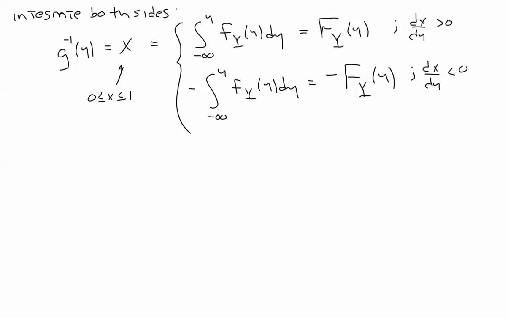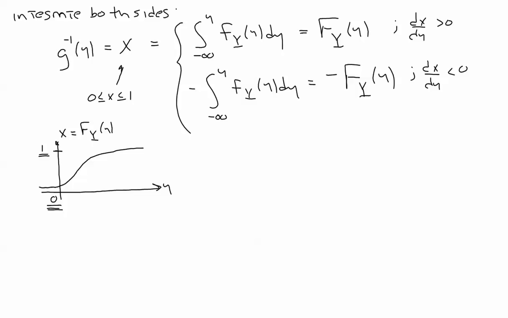All right. So let's remind ourselves now about the behavior of the cumulative distribution function. The cumulative distribution function always varies between 0 and 1, meaning that if I set x equal to the cumulative distribution function of y, I always get x values that lie on the range that I'm interested in.